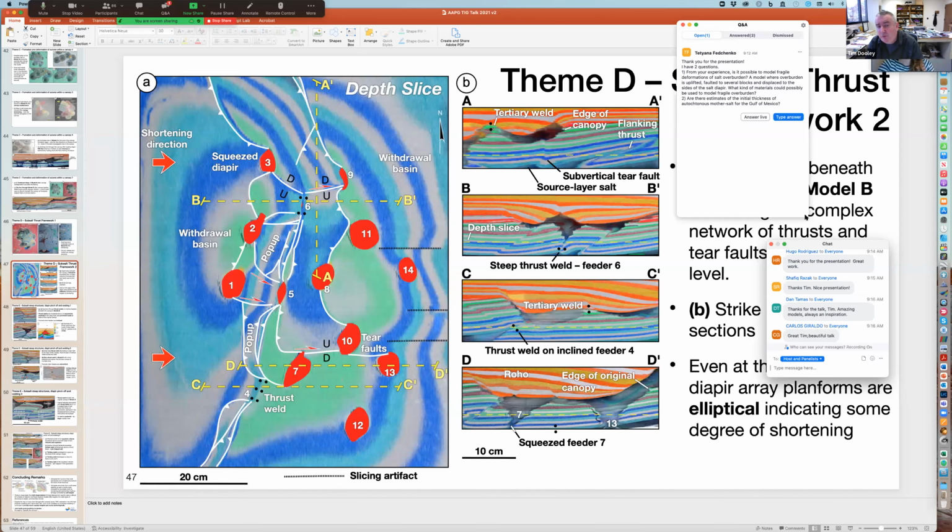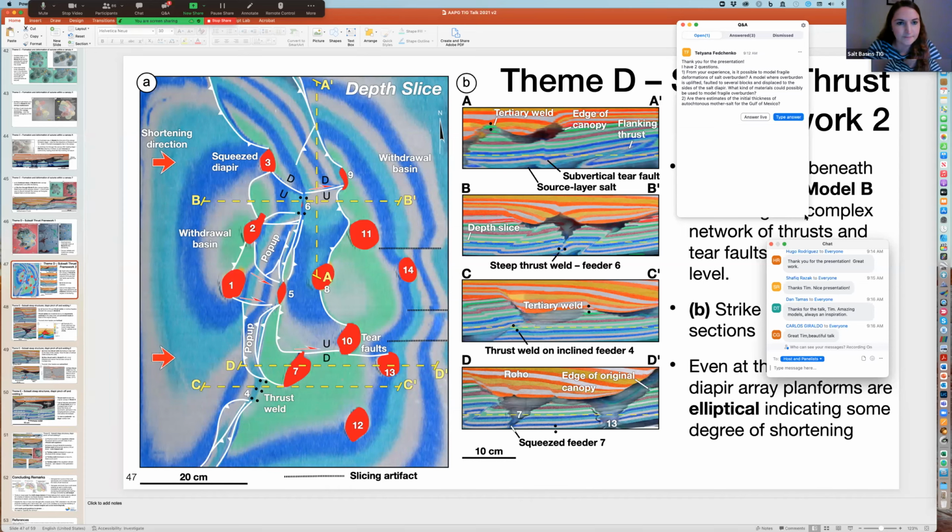You can still do it just with sands. All you actually have to have is a pretty thin overburden that can be pushed up and out.